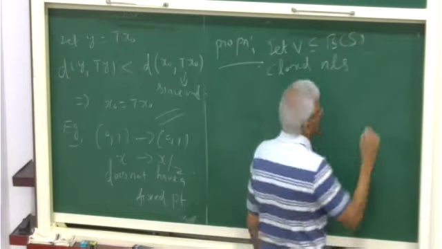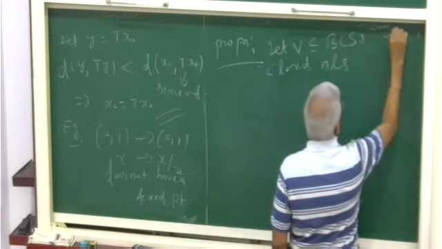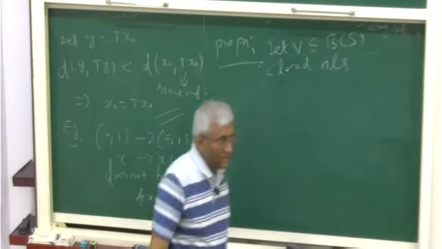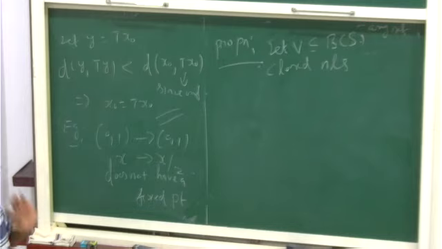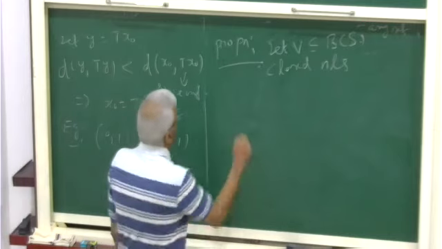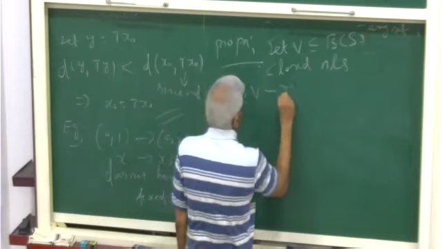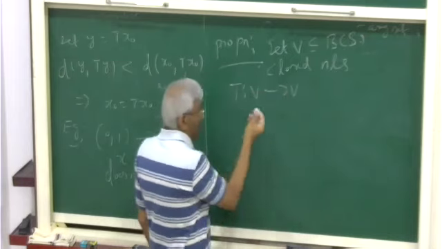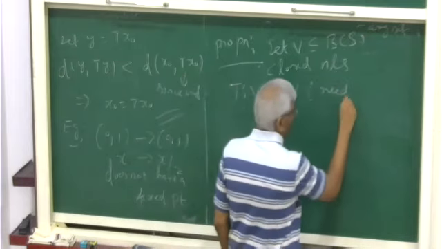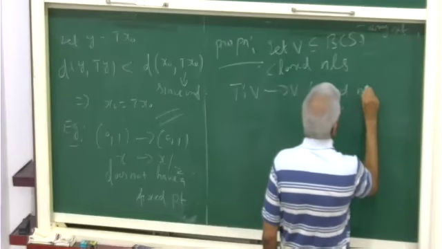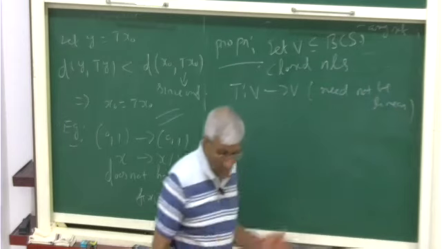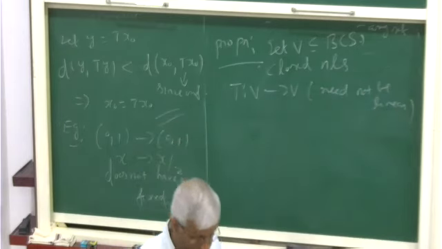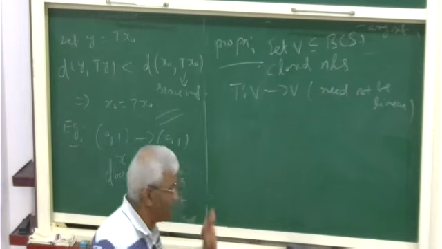The collection of functions on X with respect to the supremum norm is a Banach space. So I take a V which is contained in that. You can take B of X itself or some subspace. Now T is from V to V, and it need not be linear. When I write it, it may look linear, but it need not be. Usually, within a vector space, we consider only linear functions, but this need not be linear.